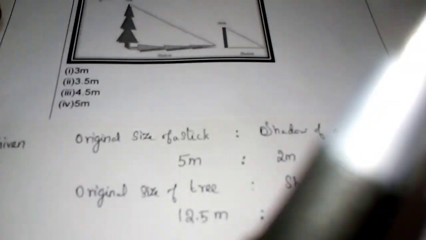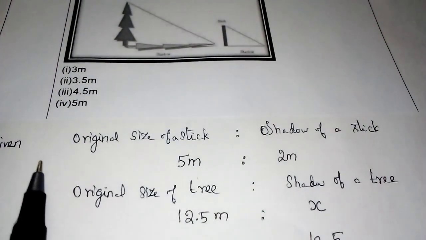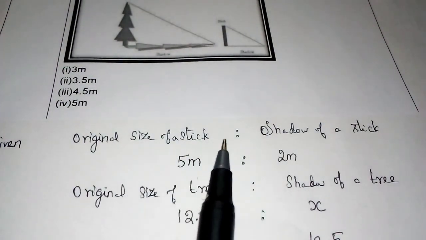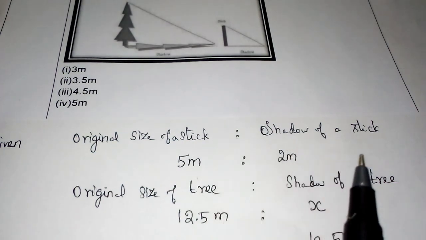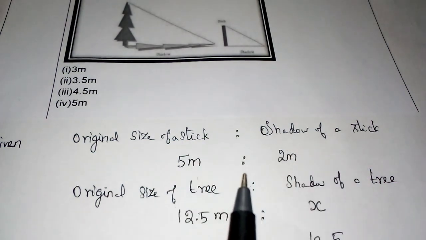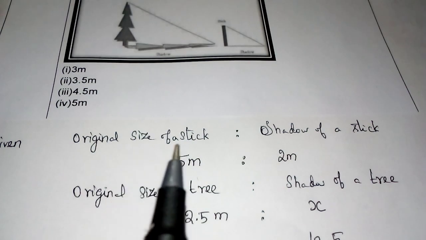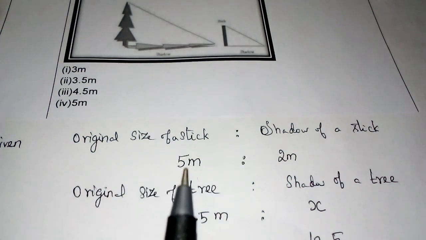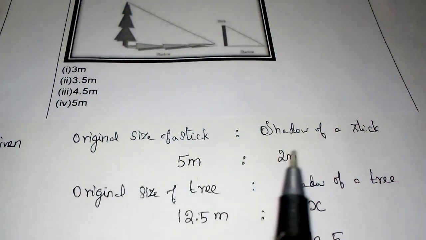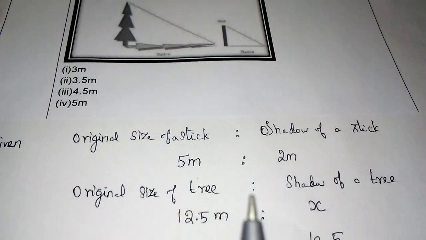Original size of a stick is to shadow of a stick as 5 meter is to 2 meter. Original size of a tree is to shadow of a tree as 12.5 is to x.